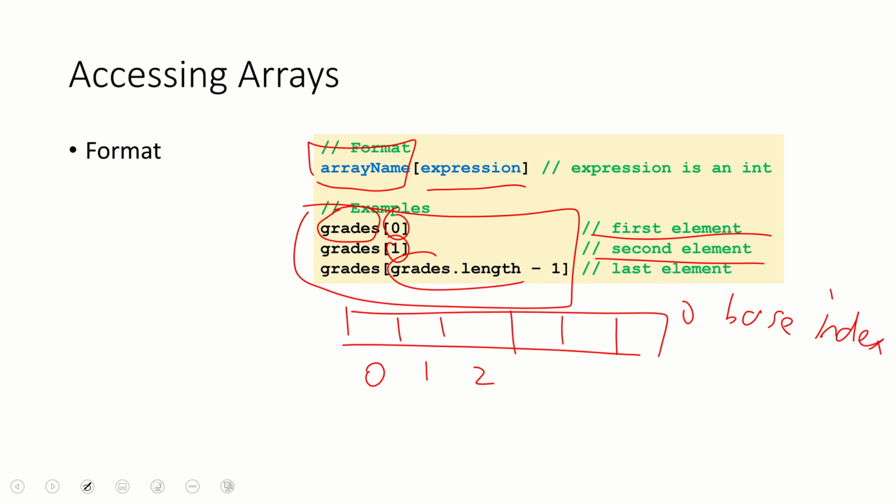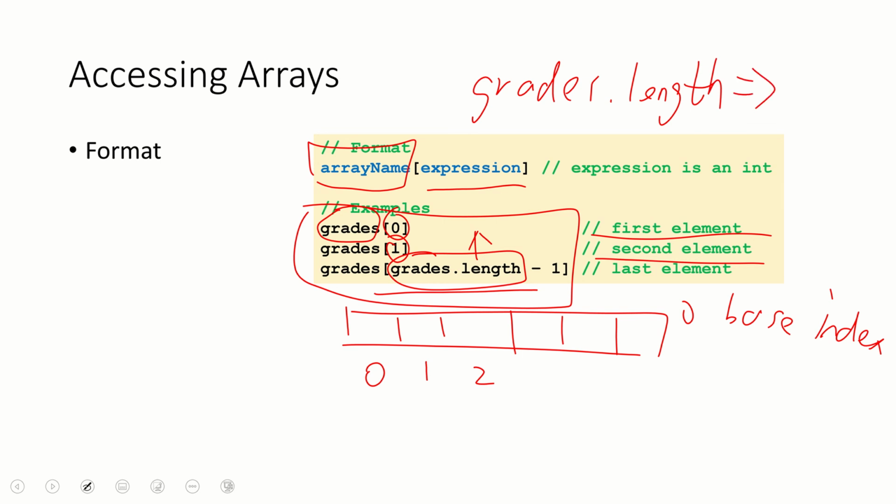If you still remember, there's one property, the variable we call length. So grade.length will return the size of the actual array.